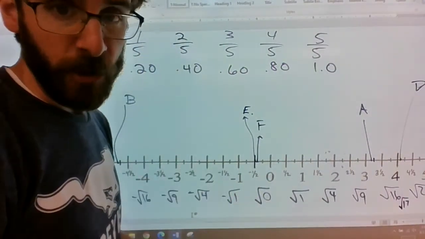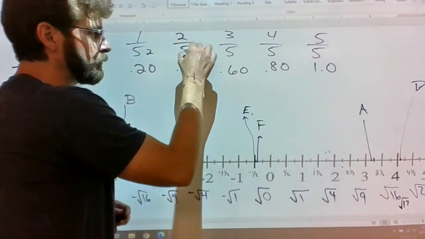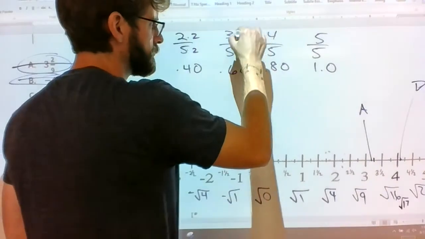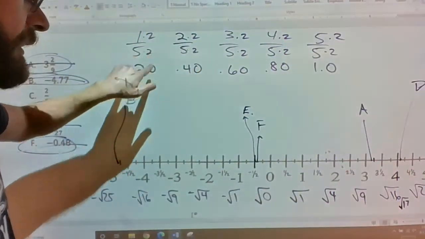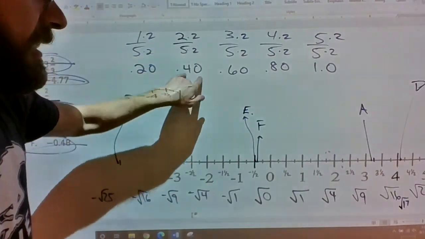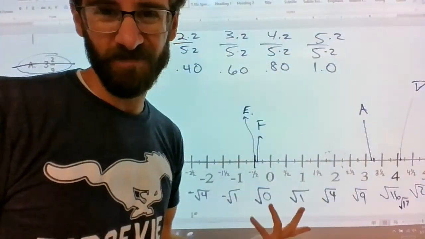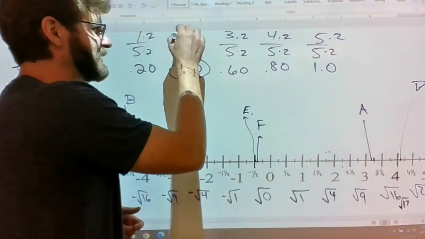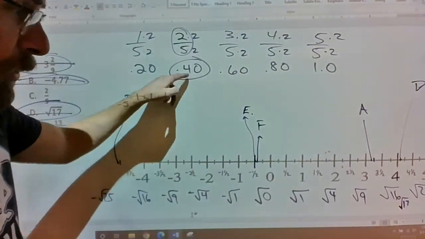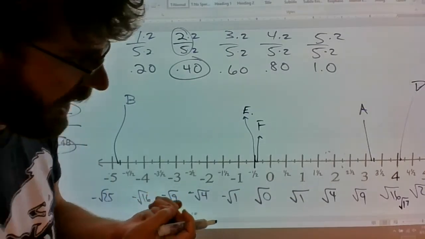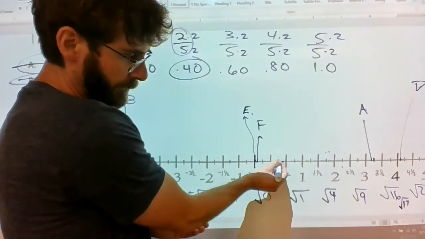The fifths follow a very basic pattern because when you think about it, if I put them all over 10 by finding common denominators, it's 2 over 10, 4 over 10, 6 over 10, 8 over 10, and 10 over 10. So I don't know if you guys are seeing that just now, but I'm going to end the video on this right here. 0.40 will be just left of 0.5 on the number line. So 0.5, 0.4. It's bigger than the quarter mark though.